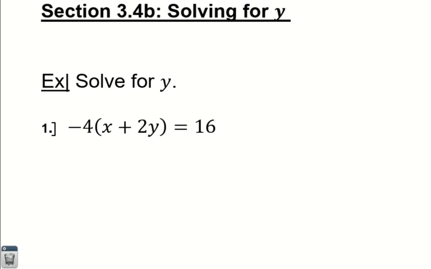Okay, 3.4b, we're going to do some more solving for y, but maybe in this small handful of examples, we'll just see some other possible twists and turns and things that you could have to deal with, like these parentheses, in order to end up getting y by itself and move everything to the other side.